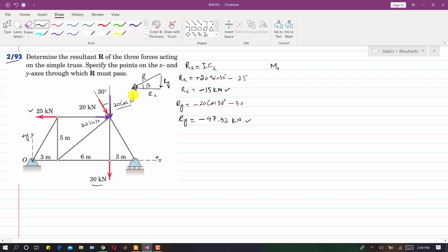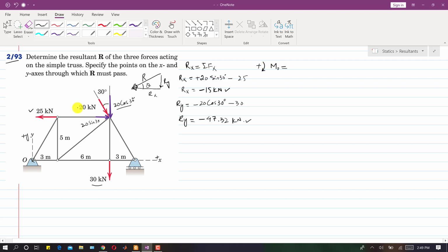So the moment about O will be equal to, as we can see, this 25 kilonewton force is producing counterclockwise moment about this point O. Before writing the moment equation, let's assume that the clockwise moment is positive, right?